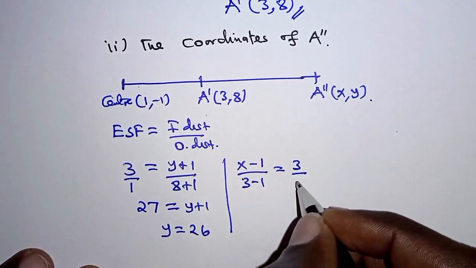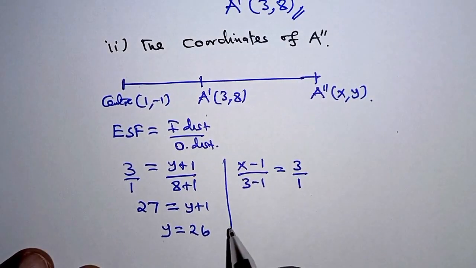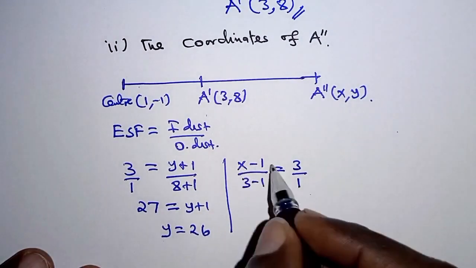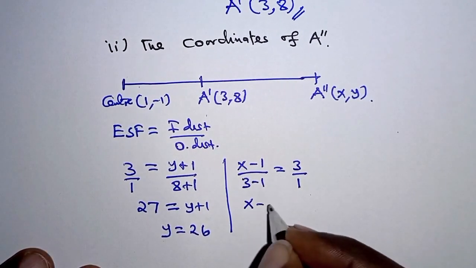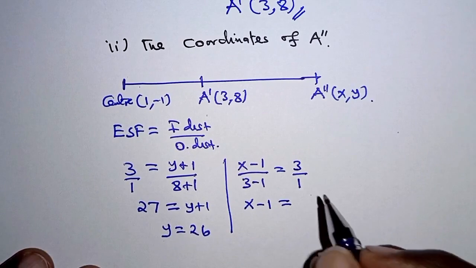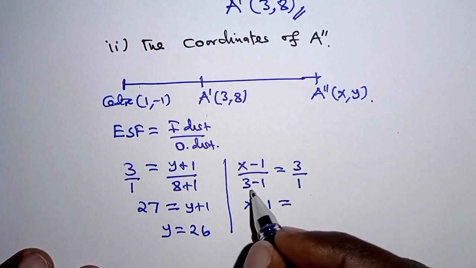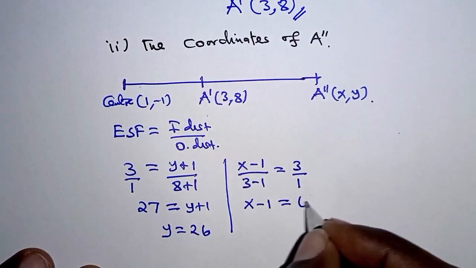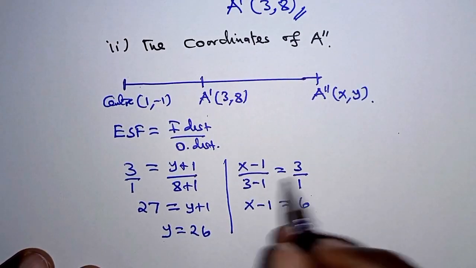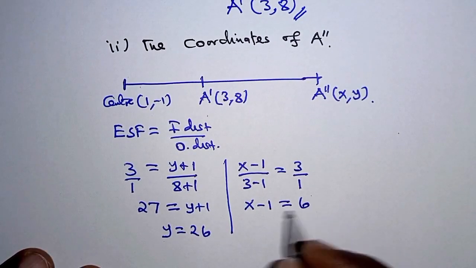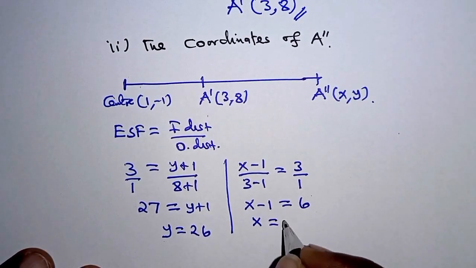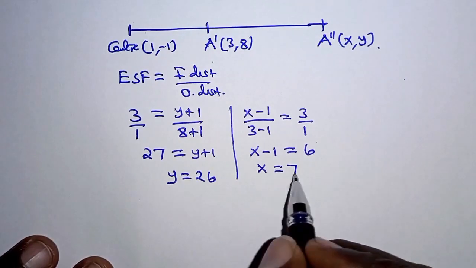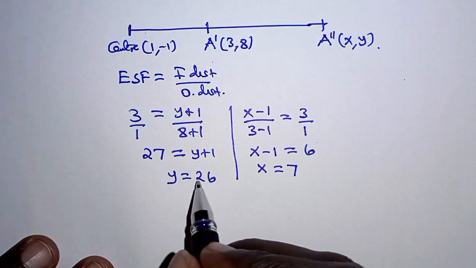For the sake of cross multiplication, again we have it over 1, and then cross multiplying, we'll say 1 times x minus 1 is x minus 1. That should be equal to 3 times 2, since 3 minus 1 is 2. So 2 times 3, that is 6. When negative 1 crosses, we'll have to add. Therefore, x becomes 7. And therefore, we have the x coordinate as 7 and the y coordinate as 26.